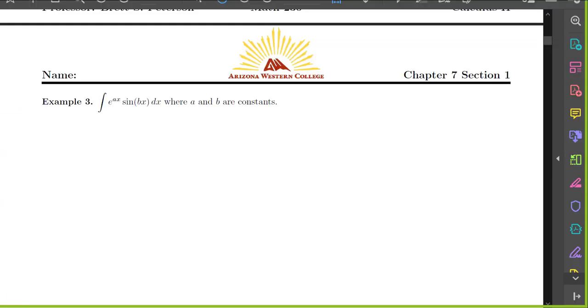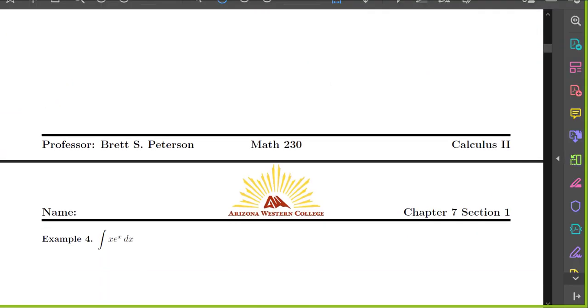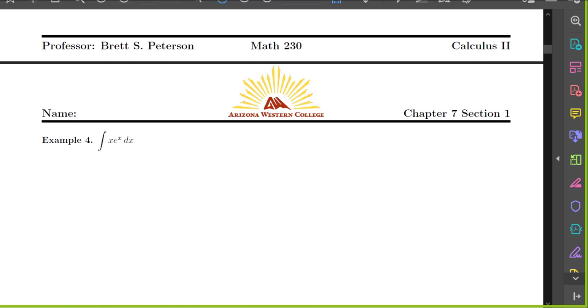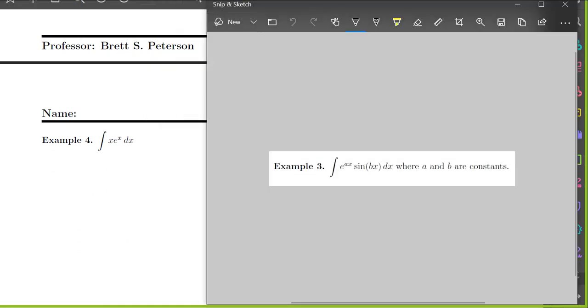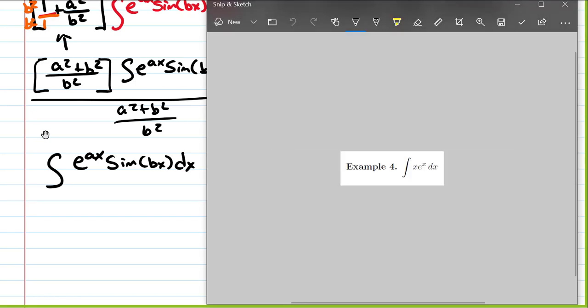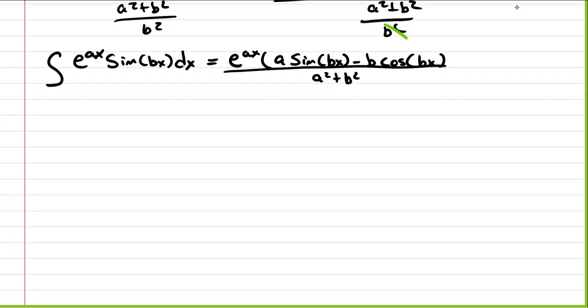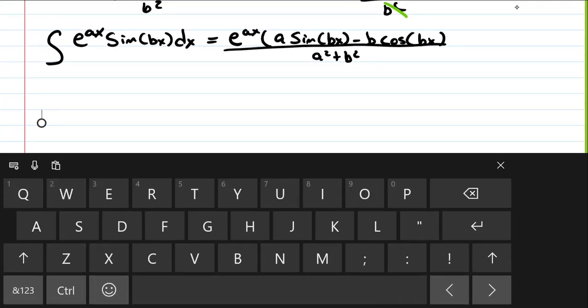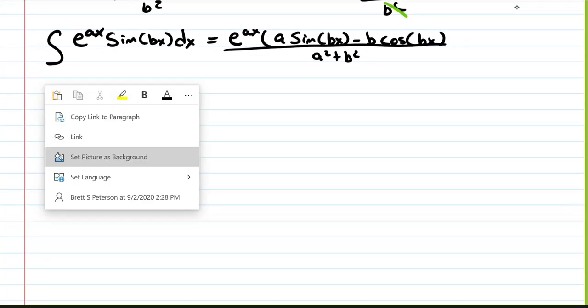All right, so let's keep on going. Our next ones aren't quite as intense as that last problem. Now you understand why it got its own page in the notes, right?